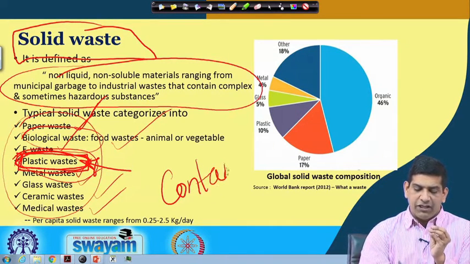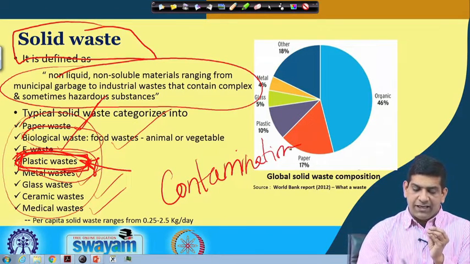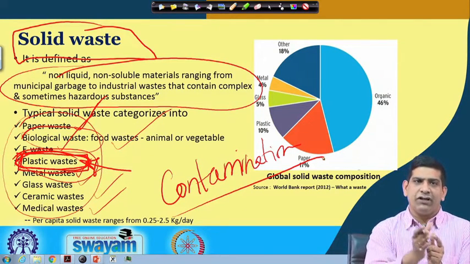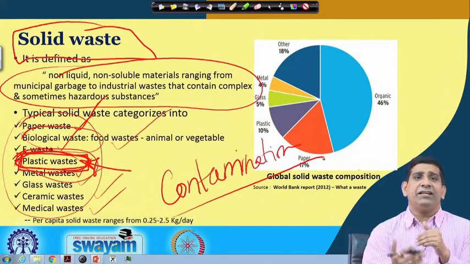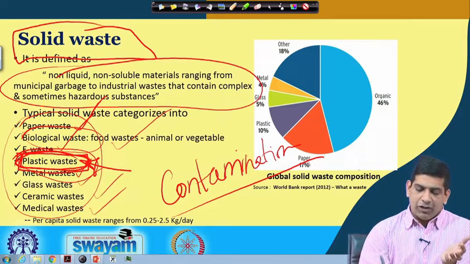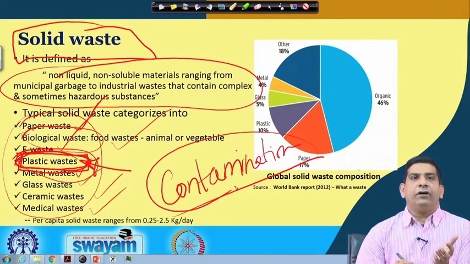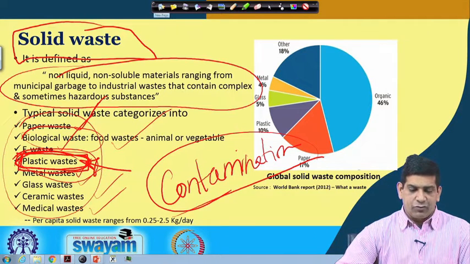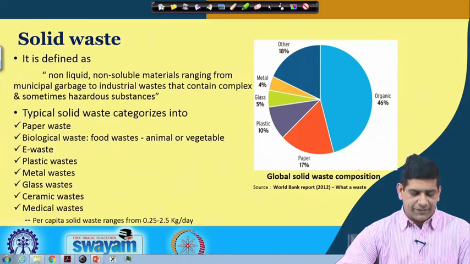Contamination of material other than plastic, because here our focus is on treating the plastic, making fuel out of it, using it in road construction, making new plastic products out of it. If we have other material mixed with that, it becomes very difficult to handle. So that's why we call it contamination of other material, which should not be present to make effective use of plastic.